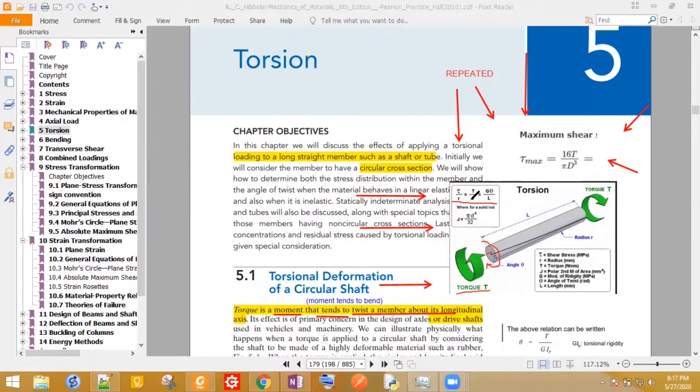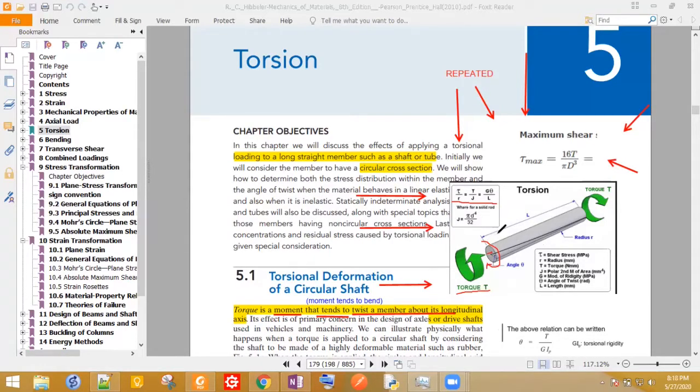Polar moment of inertia. Are you aware of moment of inertia? Area moment of inertia, I think you are aware: area into perpendicular distance from the point of rotation, that is area moment of inertia. For a cylindrical rod, the polar moment of inertia is given by pi by 32 d raised to the power 4.